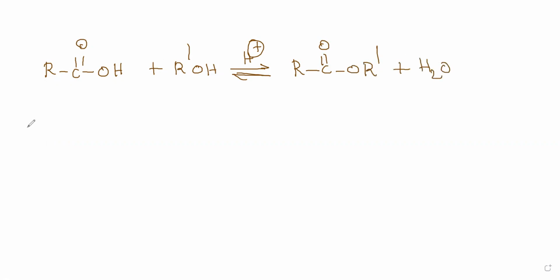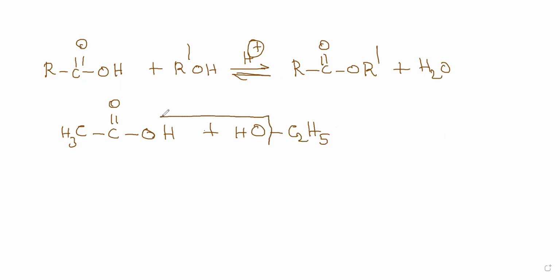So very simple. How to remember this? Suppose I take the example of acetic acid. So this is acetic acid, right? And now you write C2H5OH like this. And now the water will be removed like this. It's not actually the mechanism, it's how to remember things.